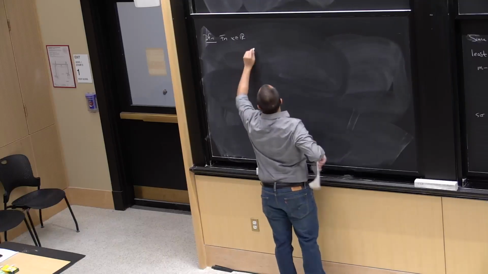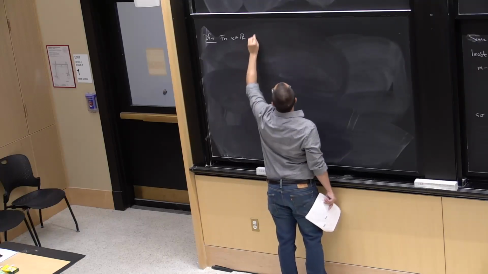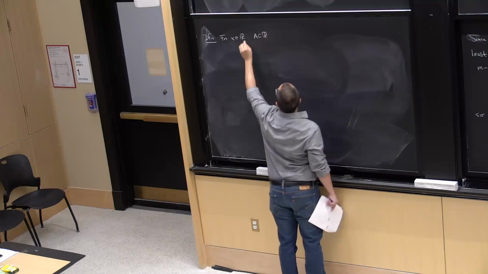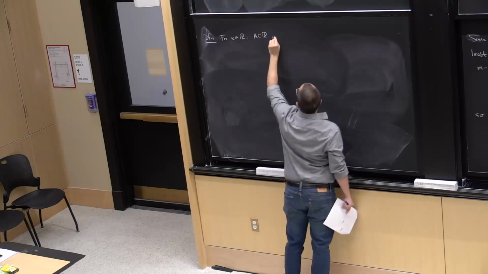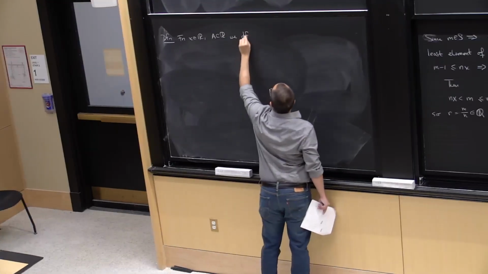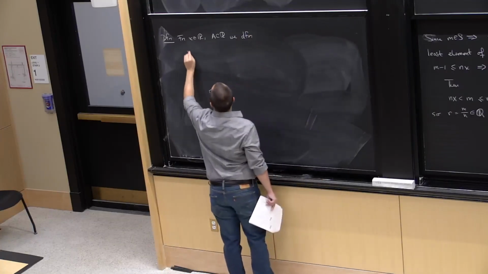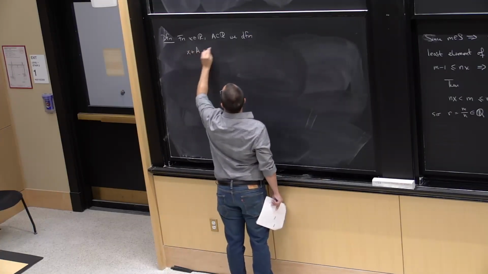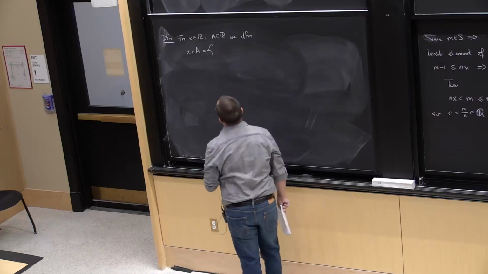For x a real number and a subset A, we define two sets, x plus A. This is just the shift of A by x.